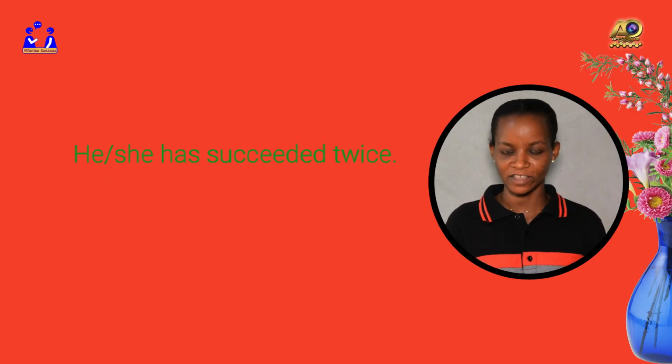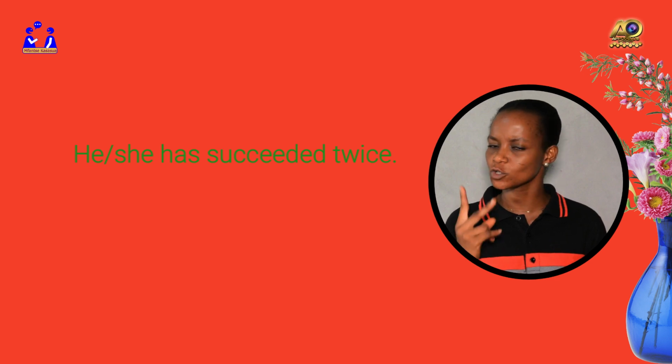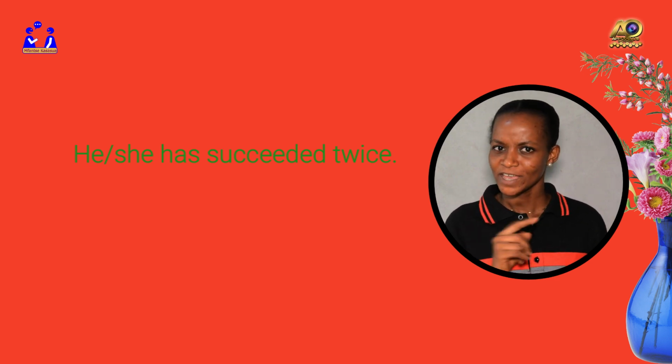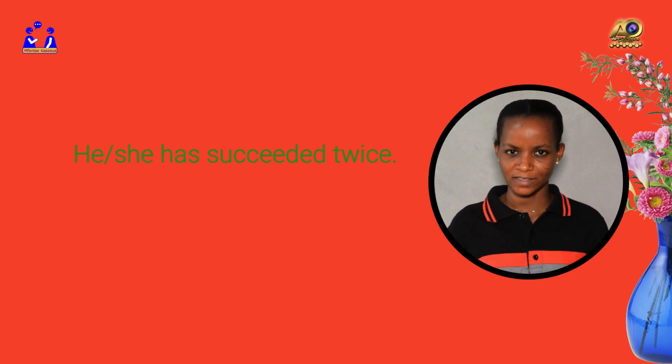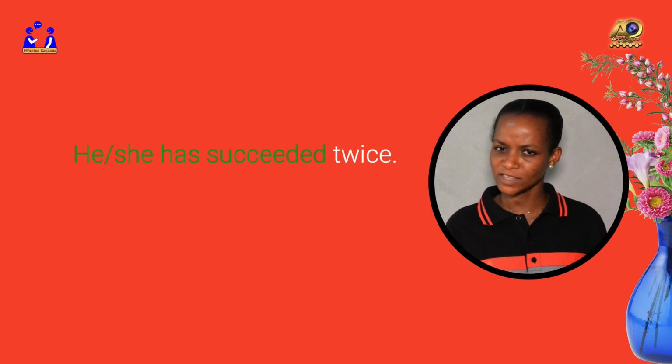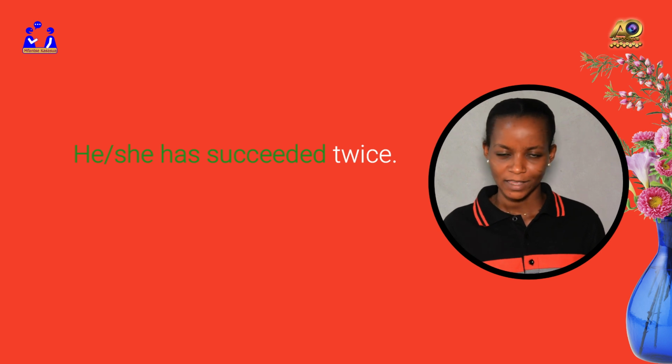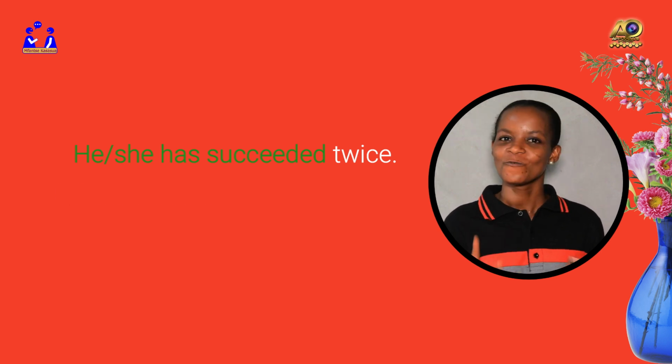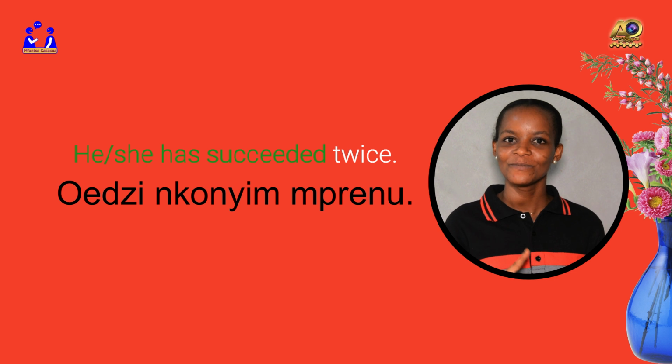Let's continue. He or she has succeeded twice. In this sentence, the adverb there is twice. Let's translate in Fante. Oedzi, nkonyim, mprenu.